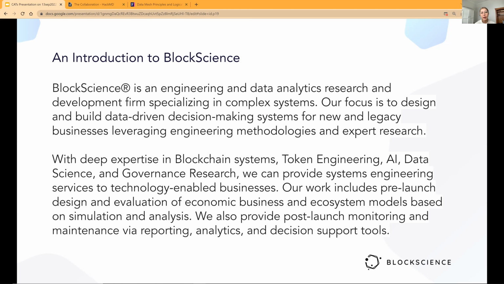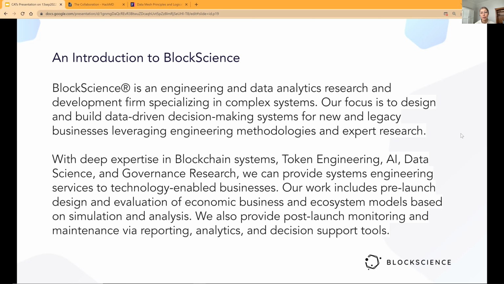So a lot of the research we do is primary research as a team, and this has led to some open source software development as well. People might be familiar with CAD, the computer-aided design software that BlockScience has built. This was really around solving some of our own problems as we embark on working on complex systems, specifically those in the Web3 space.